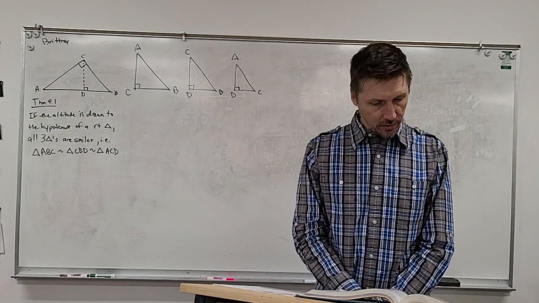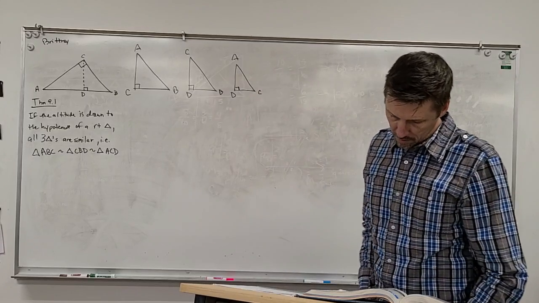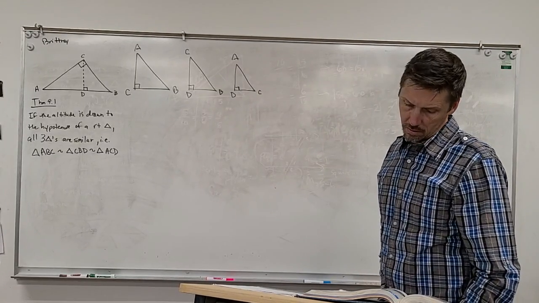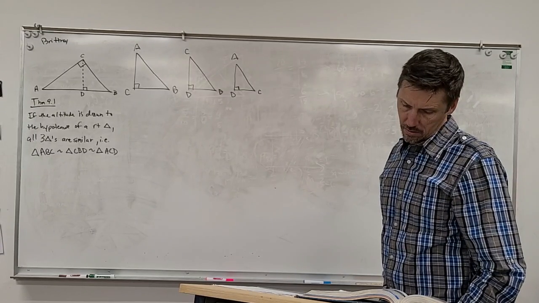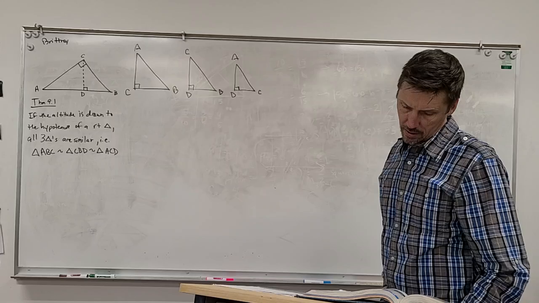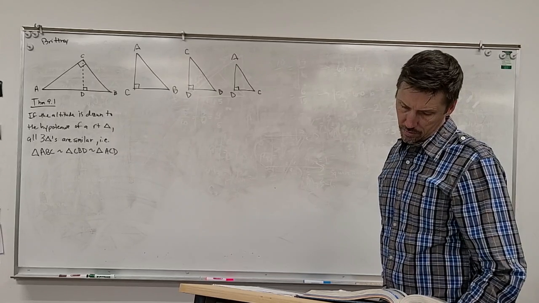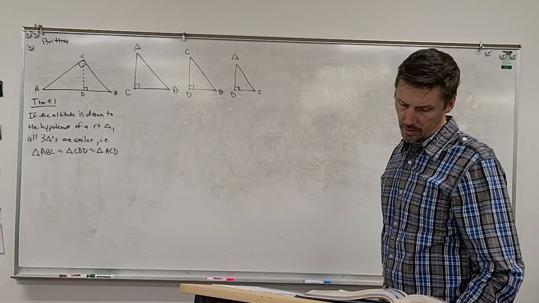For the small triangle, BD should correspond to CD, should correspond to BD, should correspond to CB.